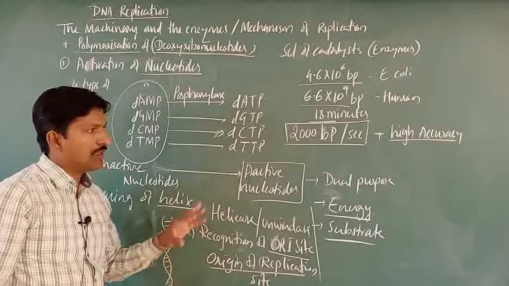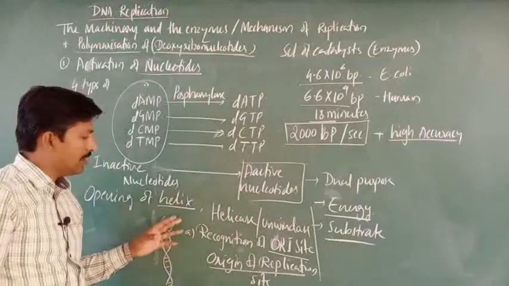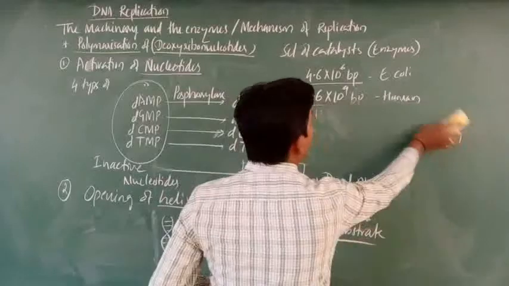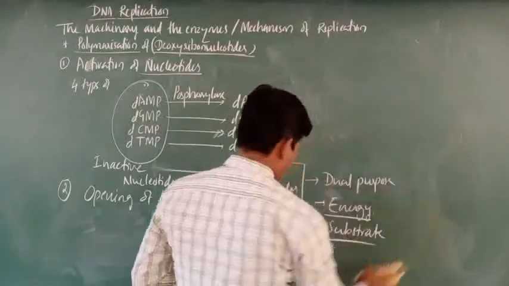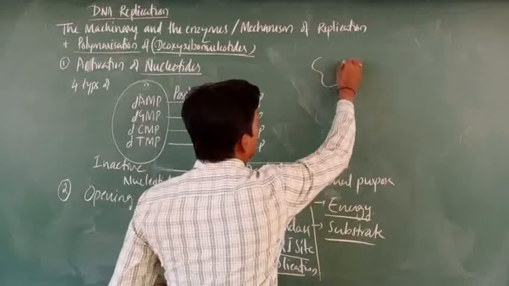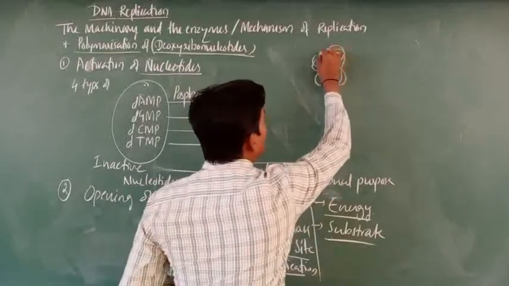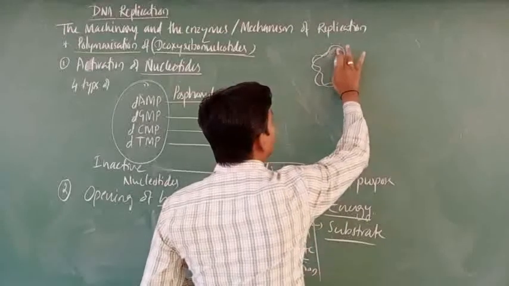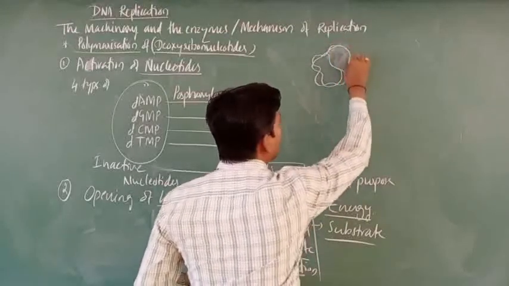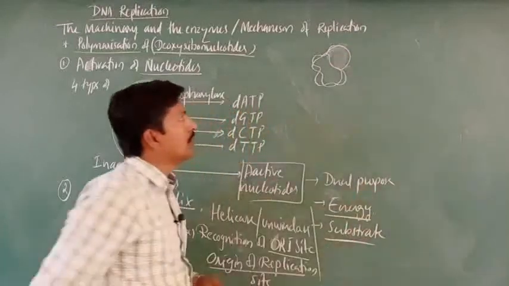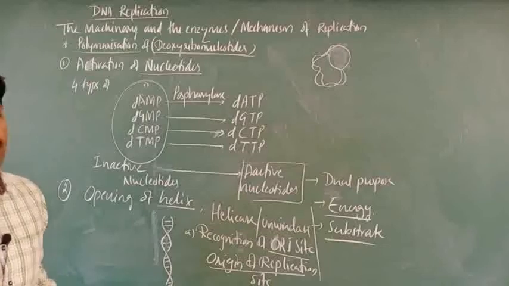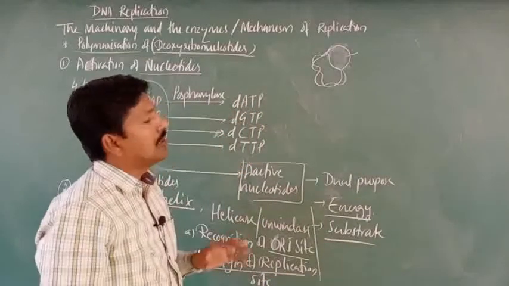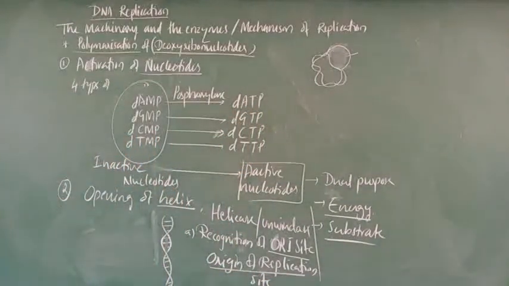So actually there are two kinds. If circular DNA is there, for example in case of bacteria, one side will get opened like this, and there is a formation of a bubble-like structure, which is called the replication bubble.